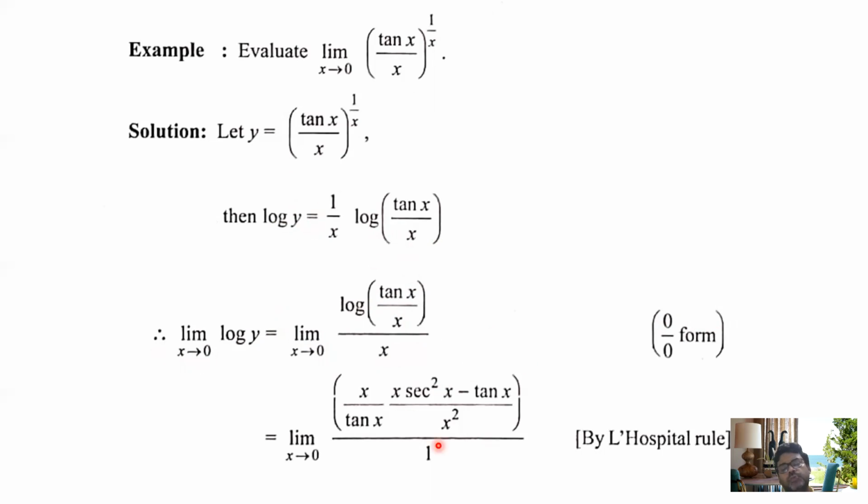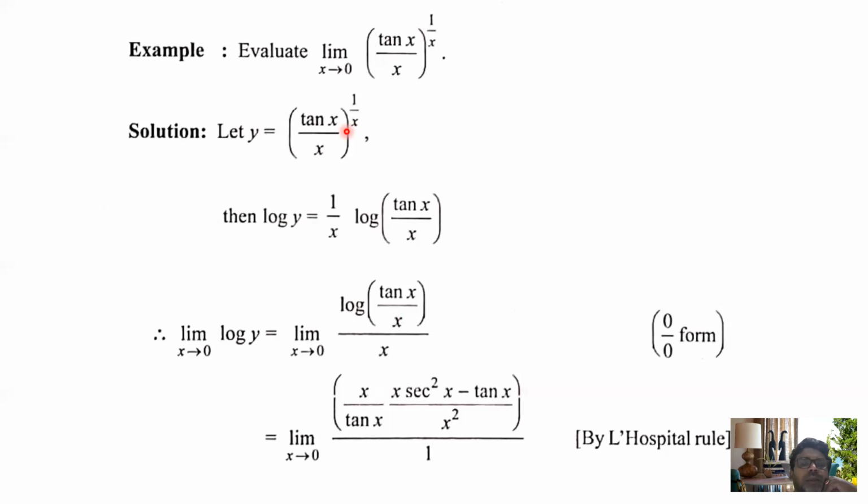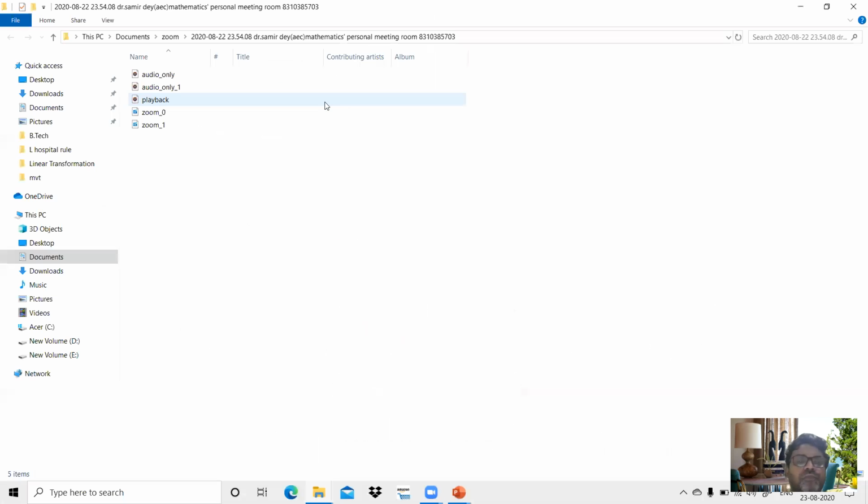Then what do you do? You have to differentiate this using L'Hospital's rule. The derivative of the log is 1 by this, that is x by tan x, times the derivative of tan x by x, and the derivative of the denominator is 2x. After simplification, what do you have? Please check, x cancels. If I simplify with sin x cos x, that is 2x minus sin 2x over 2x sin 2x.